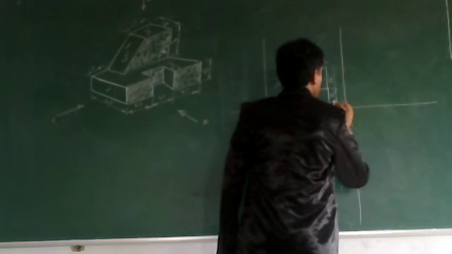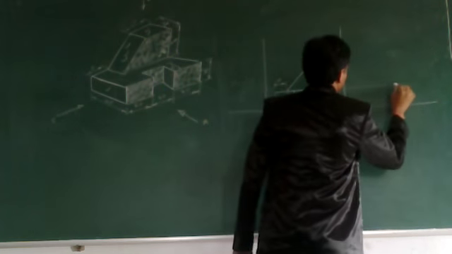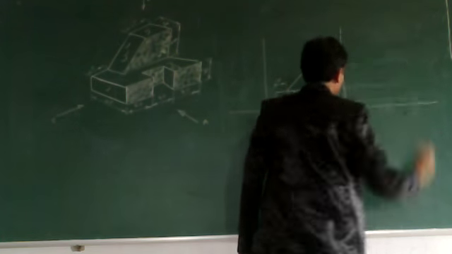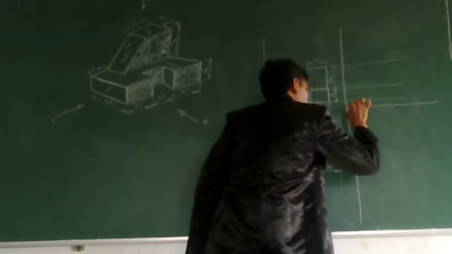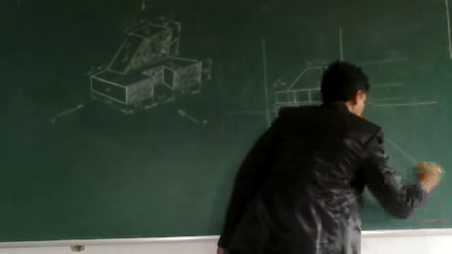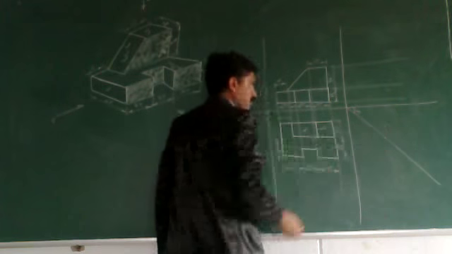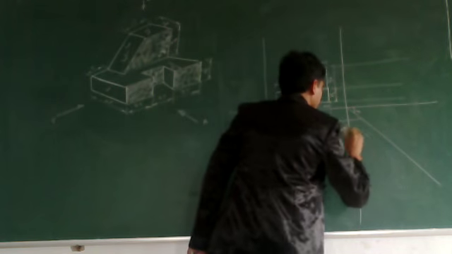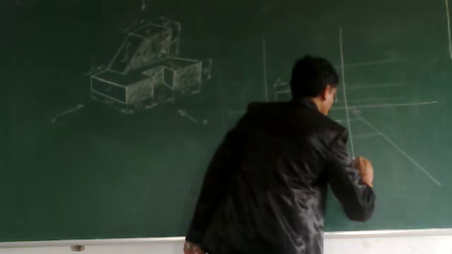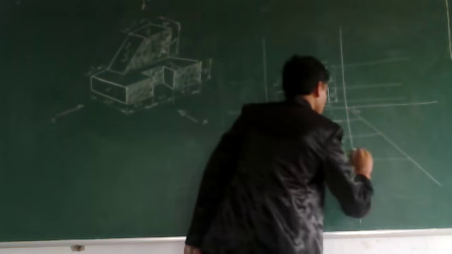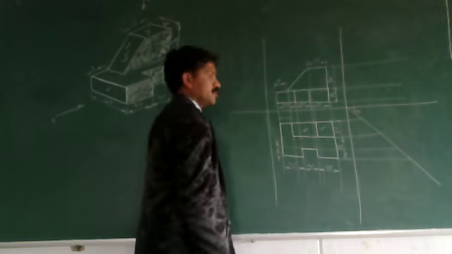See here. Simply project these lines. Project these lines and draw the intersecting point to the 45 degrees inclination. Now project these dimensions to this 45 degrees inclination line, including the width also. So that is the groove also.